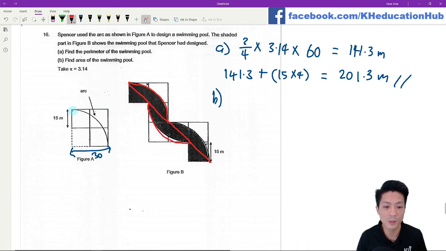Okay, this part over here is equal to this part over here. Okay, so that's 1, that's 2, that's 3. I'm going to find the area of this, multiply by 3, and then after that, together with the area of these two triangles will give me the area of a square, which is 15 times 15.